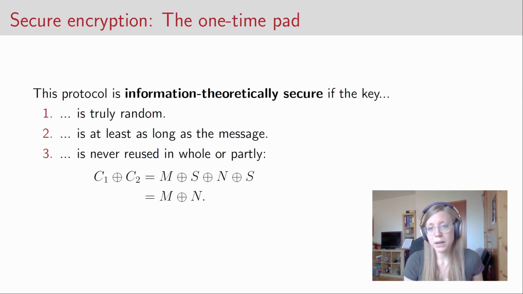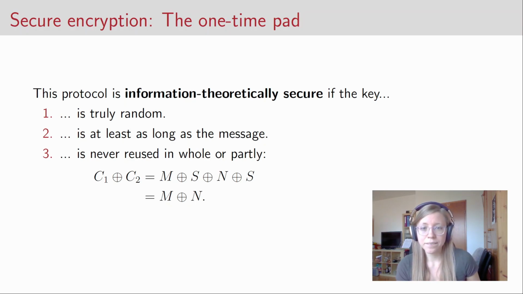The third part is that the key can never be reused, not in whole or even partly. Imagine you have used the key S twice, which results in two different ciphertexts, C1 and C2. Then C1 was originally created by doing the binary addition of M and S, and C2 was created by doing binary addition of N and S. And if an adversary has now recorded all the ciphertext you have sent, then he can, in principle, do binary addition of the first and the second ciphertext.